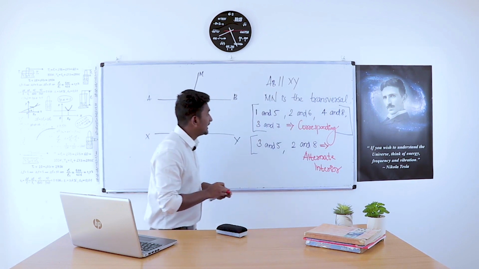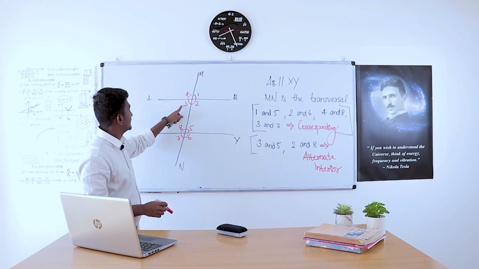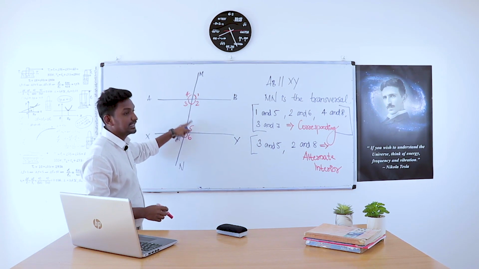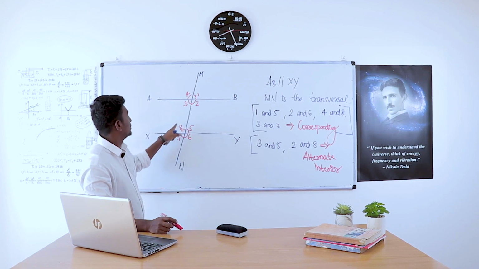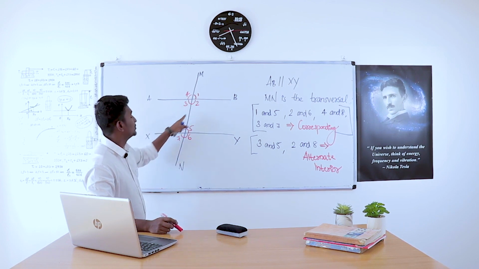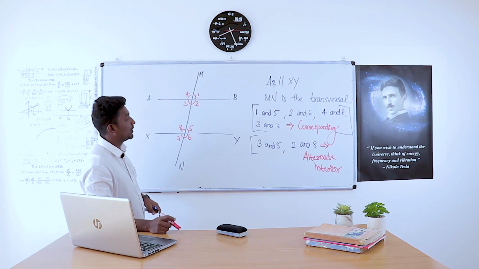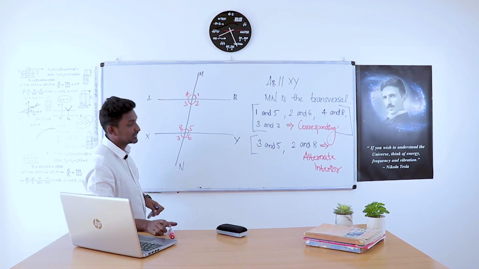Clear? Angles 3 and 5 are alternate interior angles. Angles 2 and 8 are also alternate interior angles.